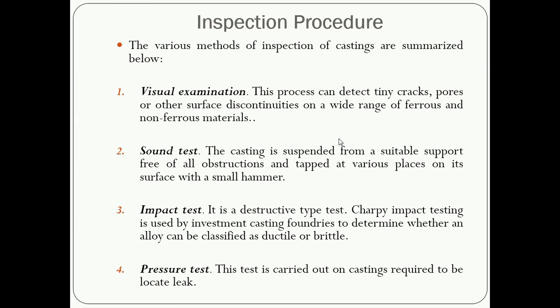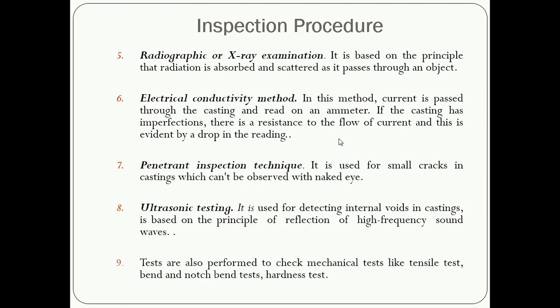Next test is pressure test, also called a proof pressure test. By using that test we check whether the manufactured casting will withstand that amount of pressure or not. That test is also used to find out whether a hollow casting is made leak proof or not. That is the pressure test.